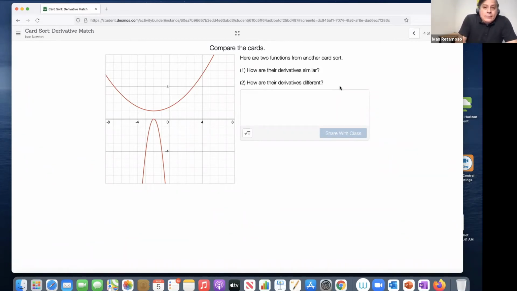Could you point out something that is similar for the derivative of this parabola and the derivative of this parabola? Let's wait here. Try to think of something that derivative-wise is the same for this parabola and this parabola. As a hint, look at the mountain here and the valley here. Think of the derivative at those points.